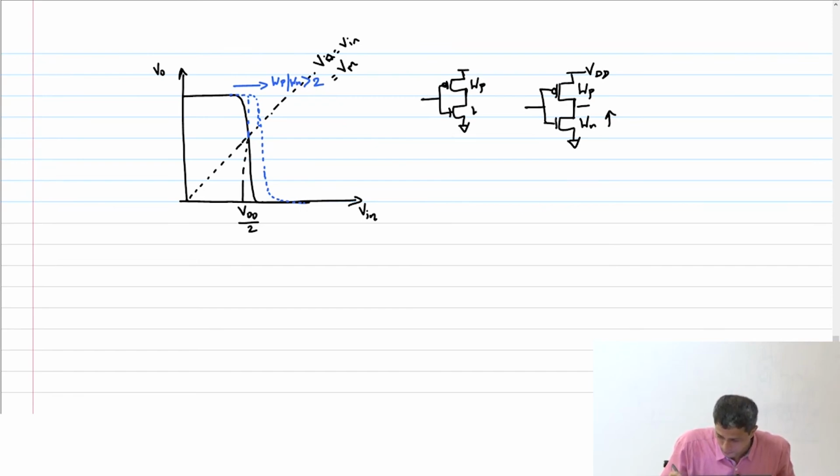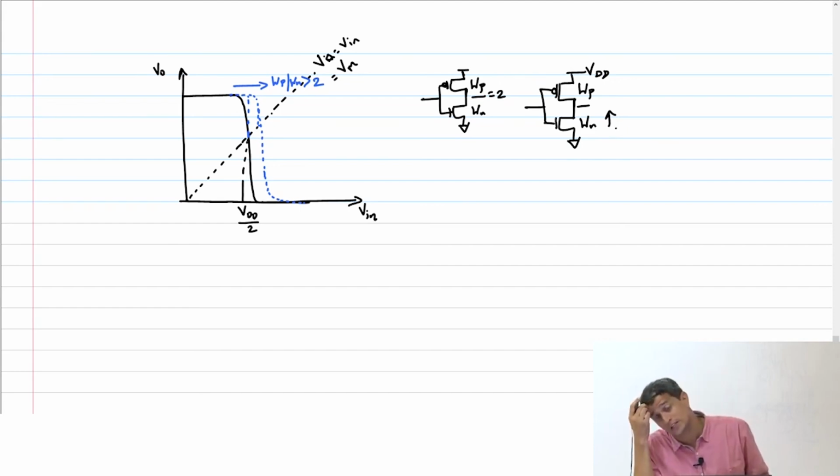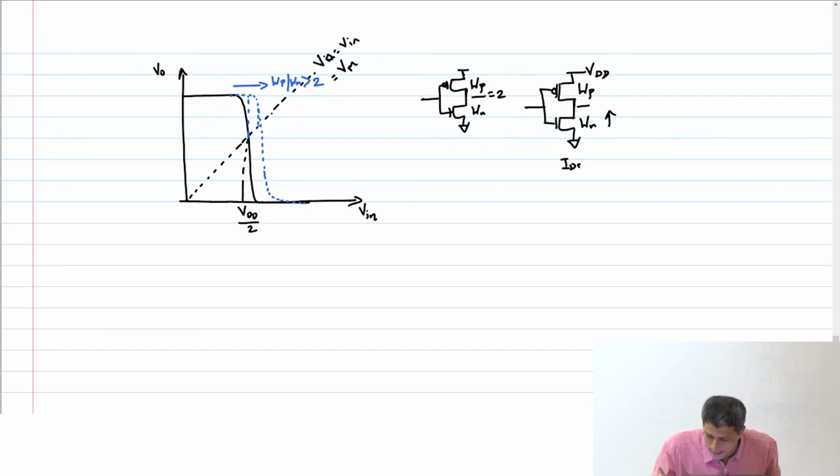Now Wn has gone up. That means the NMOS is a stronger device compared to this. So for the same Vin, what should happen? The NMOS current is going to be higher in this case. Here IDSN of this device is greater than IDSN of the reference.